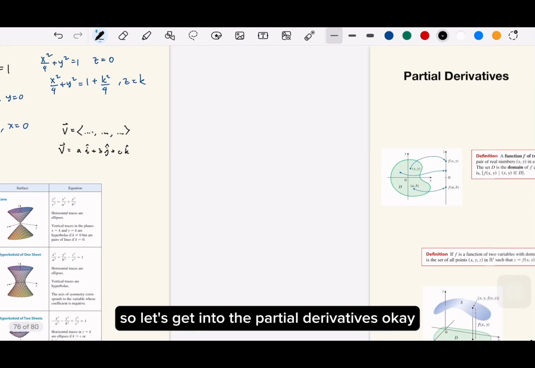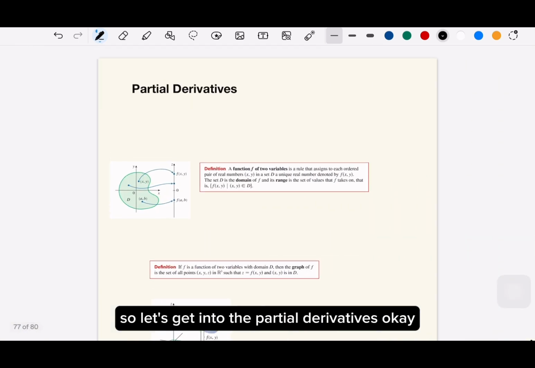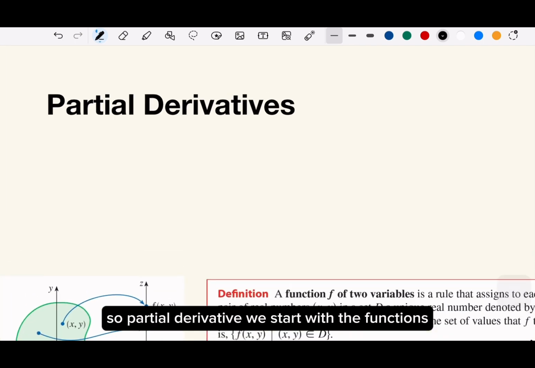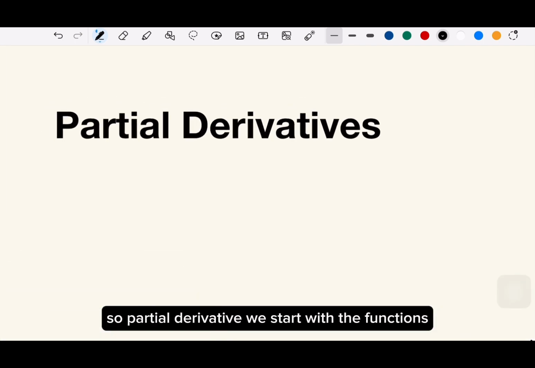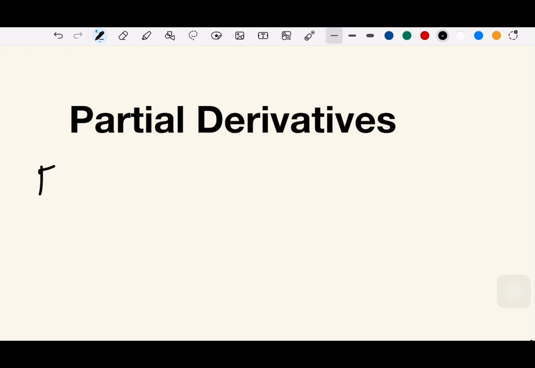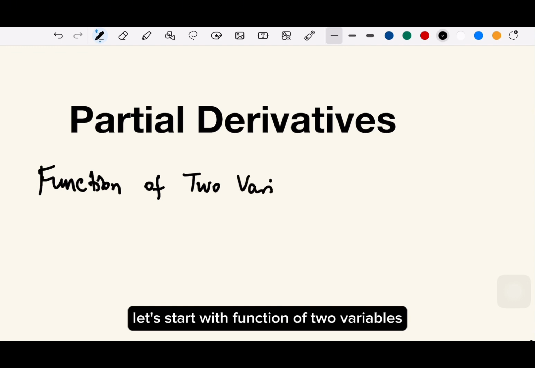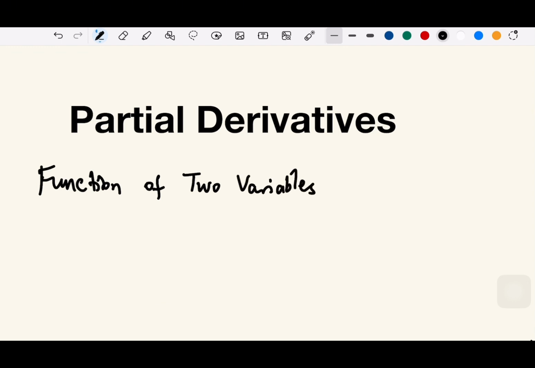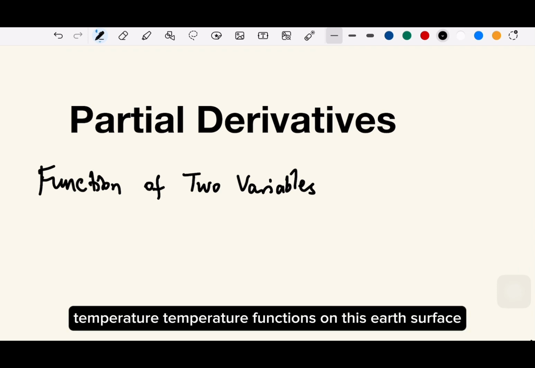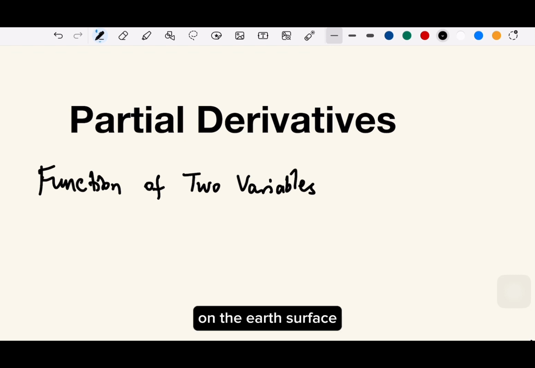So let's get into the partial derivatives. Okay. So partial derivative, we start with functions of two variables. For example, we set some temperature function on this Earth's surface.